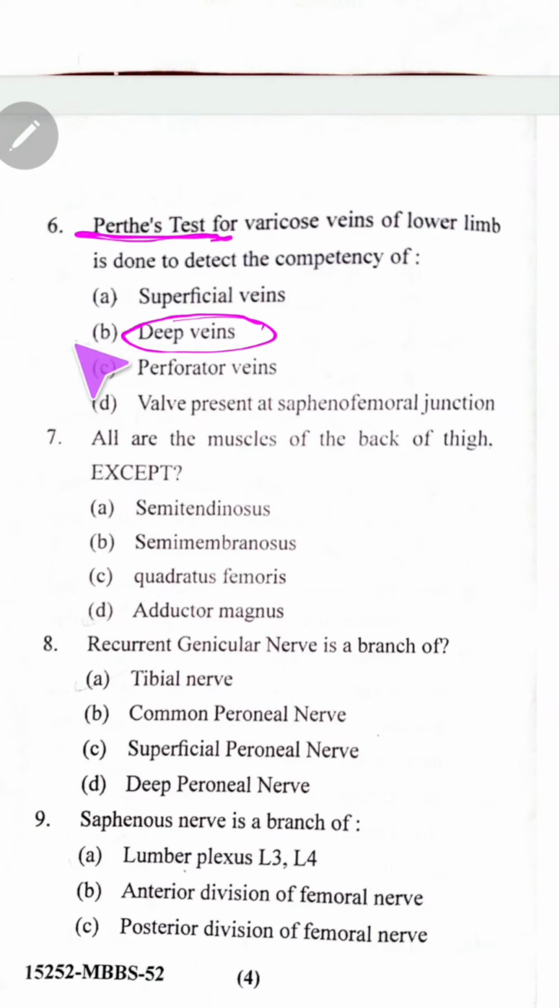When you stand on the toes, the gastrosoleus contracts. So if there are still varicosities even after standing on toes and walking for 5 minutes after the tourniquet was tied at the upper one third of the thigh, that means these deep veins are still incompetent. So this is all that is done in Perthes test.